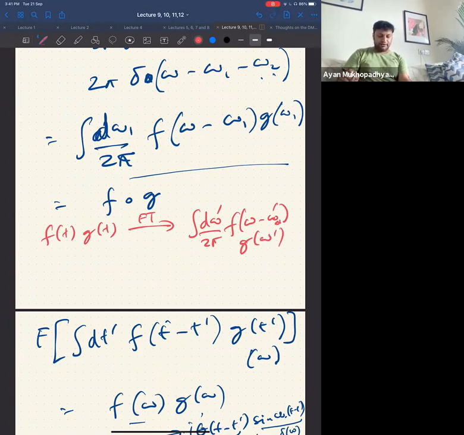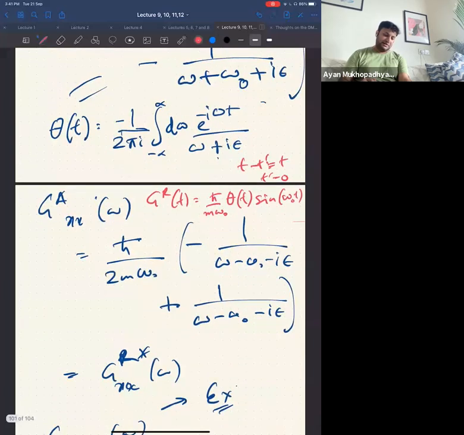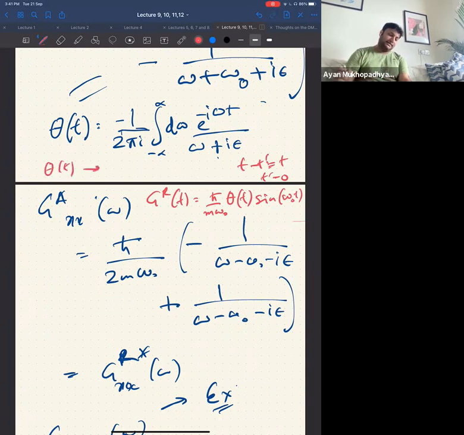And then if I put in this theta, the Fourier transform of theta is 1 by minus 1 by 2 pi i times omega plus i epsilon, right? Inverse.